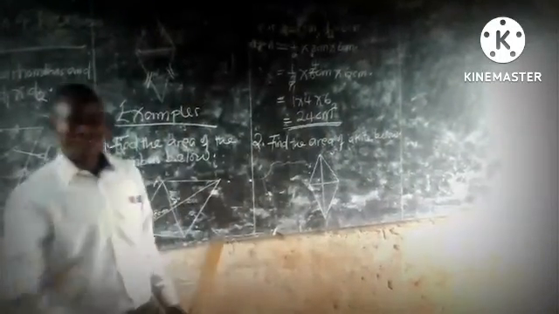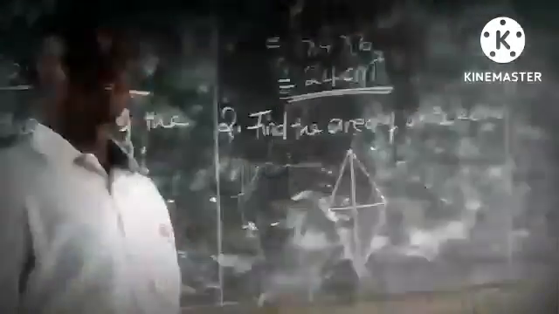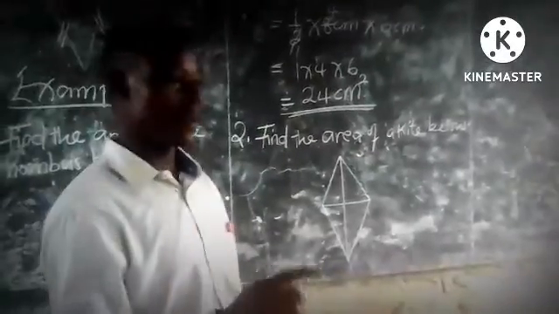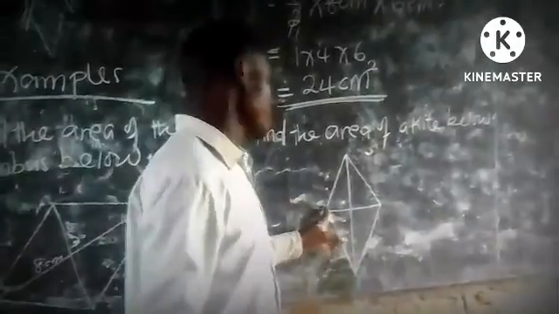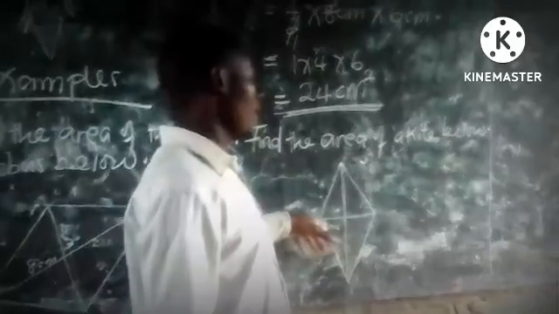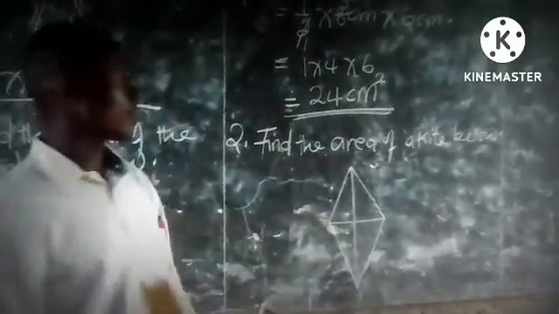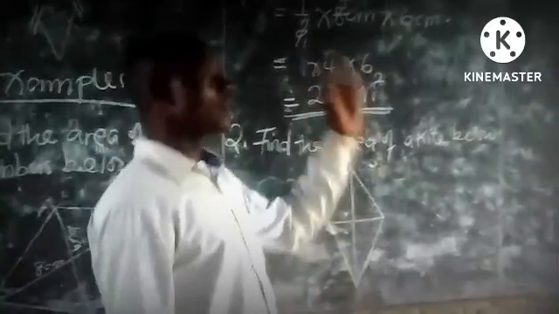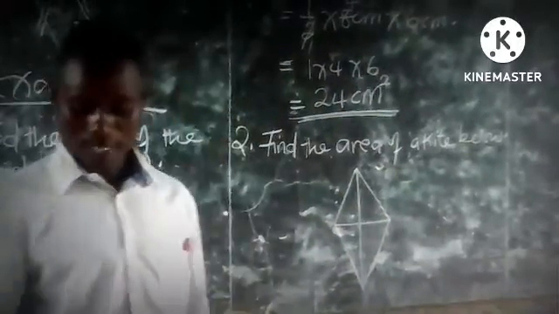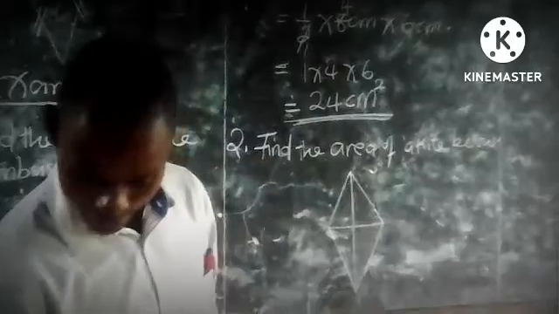So with a kite also, the longer diagonal is diagonal 1, then the shorter one that is running horizontally is diagonal 2. The diagonal which is running vertically is diagonal 1. So here they are saying we find this.